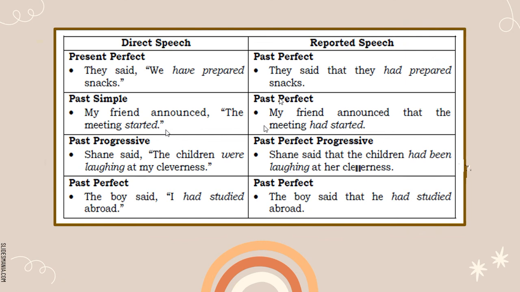Now I would like you to open your modules on page 24, and you're going to answer learning task number 3. Again, we will be using one whole intermediate pad paper, no short bond paper. For the directions, study the images below. Fill the speech bubbles with what you think he or she could be saying. Write your answers on one whole piece of intermediate paper. What do you think are these people saying?